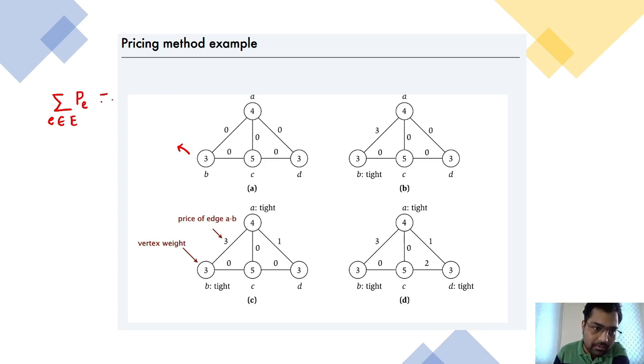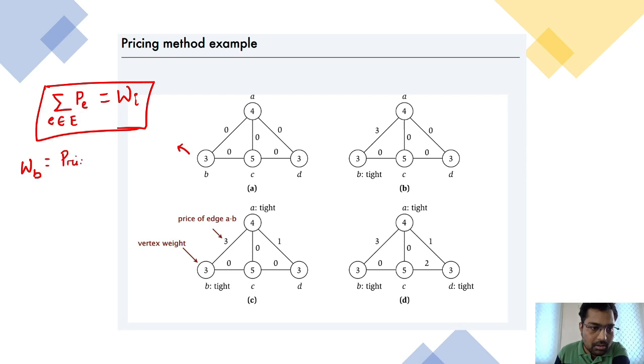If you want to find the weight tight condition, it should be equivalent to the weight. So how do we say then? W of v is equivalent to price of A to B plus price of B to C, because these are two incident edges.